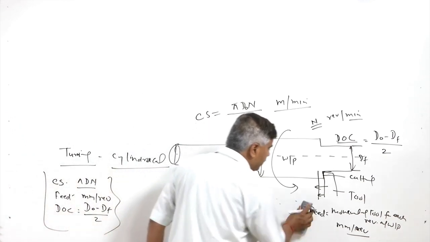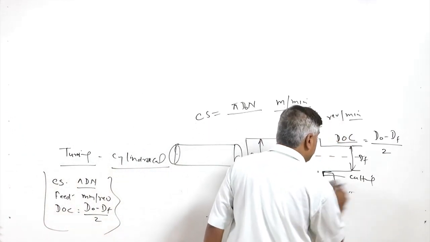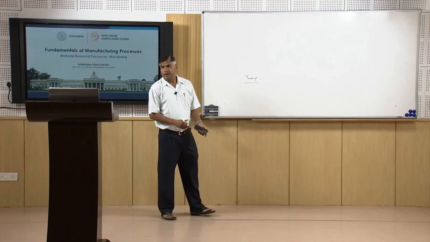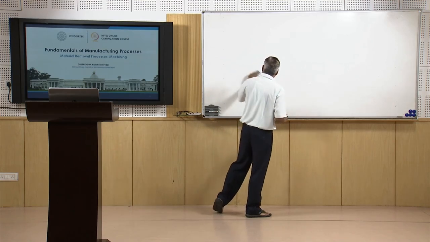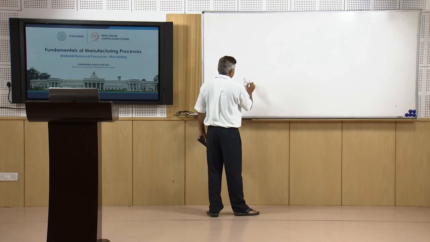Similarly, a variety of combinations of the tool and workpiece can be used for producing a variety of shapes. For example, another commonly known process is the drilling process.